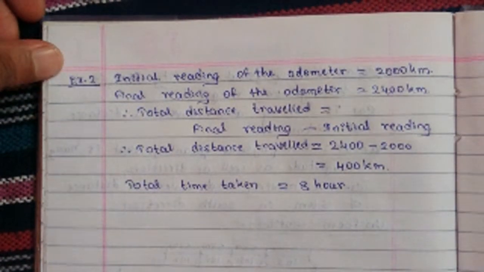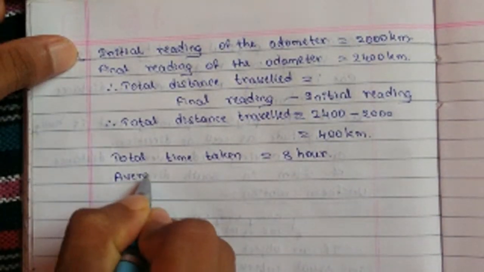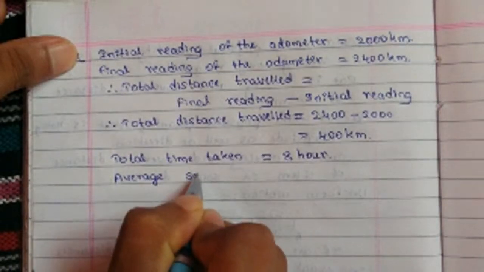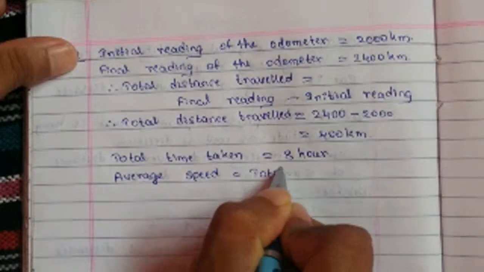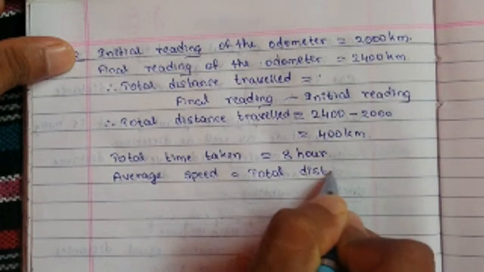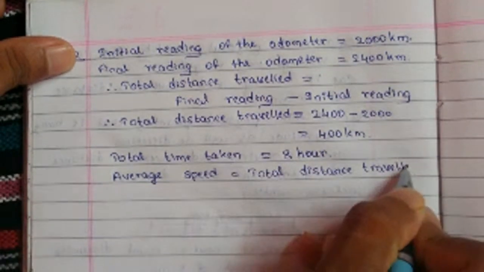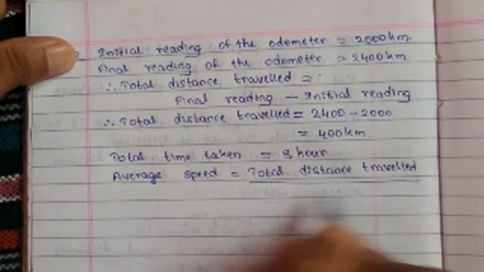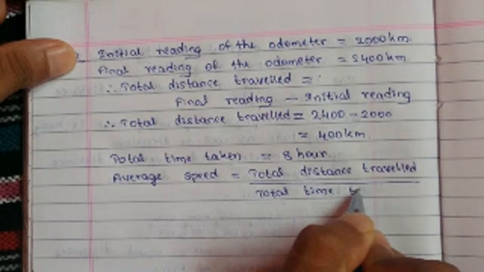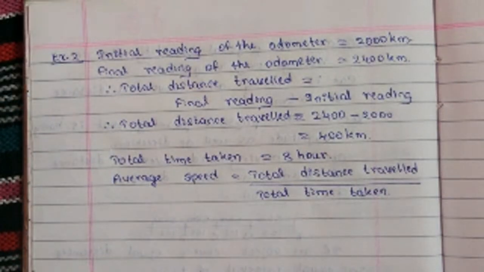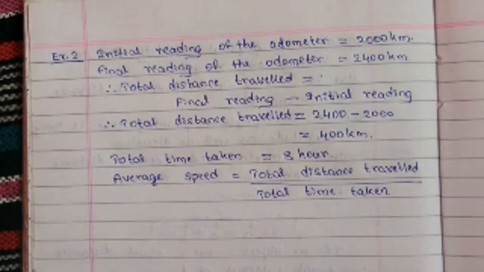According to the definition, we know that average speed is equal to total distance traveled divided by total time taken.